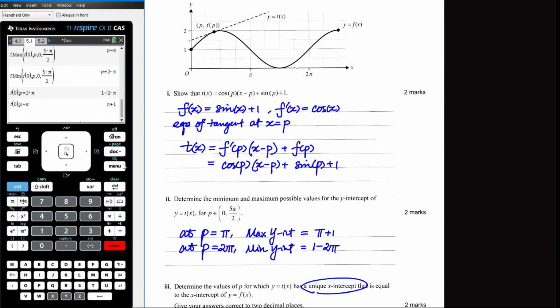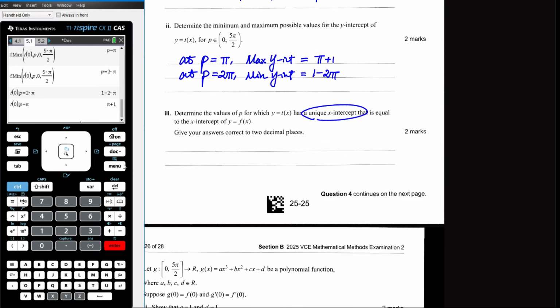So we might get, let's say, this is 3 pi on 2, 0. That is the intercept. So if I draw a line from this x-intercept and get it to touch, let's say, the curve, well, this is p, f of p. So we can use the strategy called equating gradient.